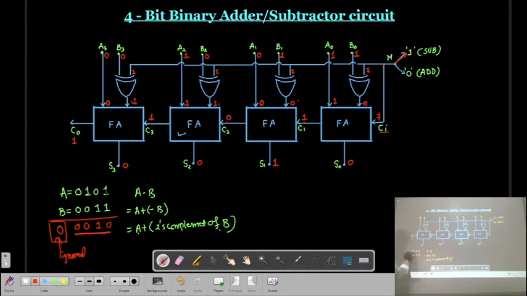So here 101 is nothing but 5 and 11 is nothing but 3 and this answer is nothing but 2. Or rather you can say it is plus 2. Okay? So here you can see the same circuit, the adder circuit using full adders, we can also have a subtraction.